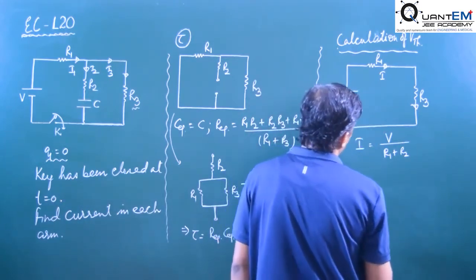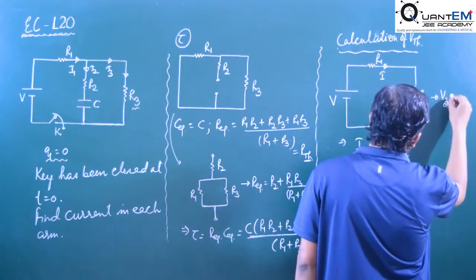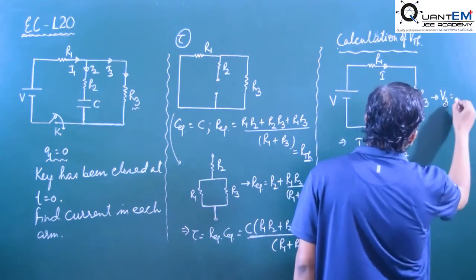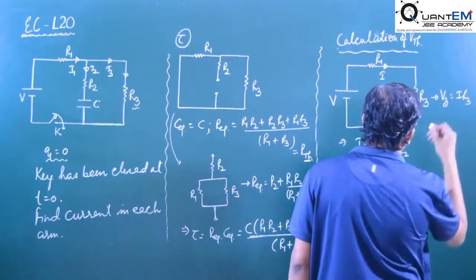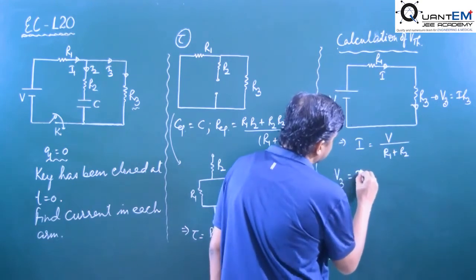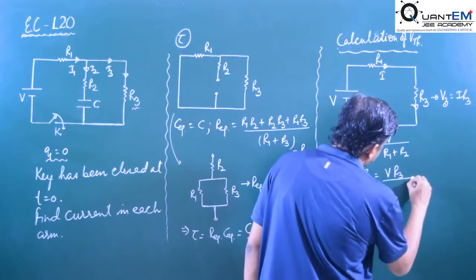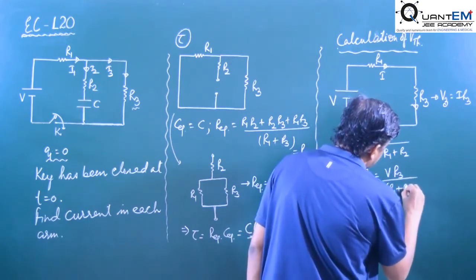Now what is the potential drop across R3? Potential drop across R3 is equal to current into resistance R3, that is IR3, equal to V R3 divided by R1 plus R2.